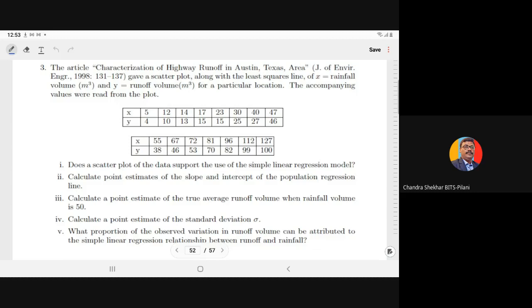If the coefficient of determination is exactly 1, then we say we have an exactly linear relation. When it is equal to 0, then we say there is no linear relation. And when it is near to 1, then we say it follows linearity, but there is some error, and that error is less.